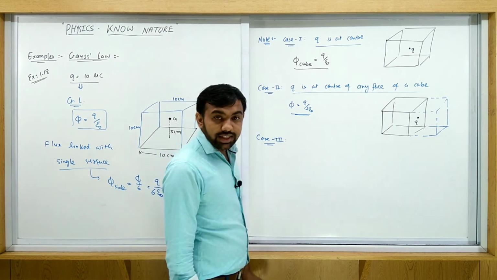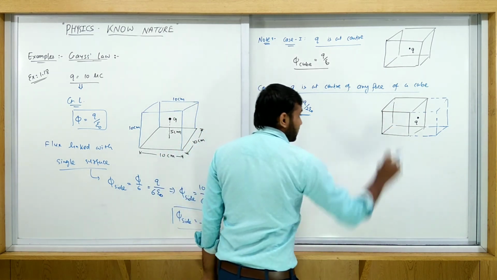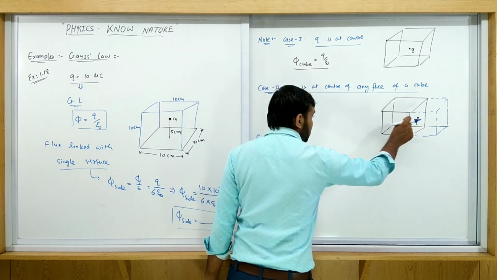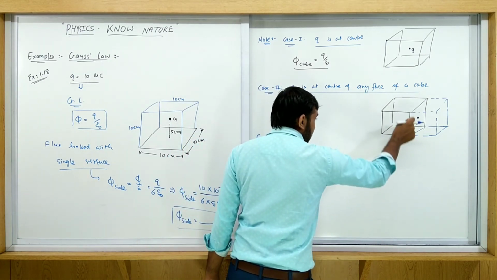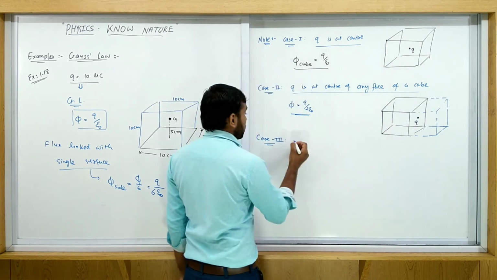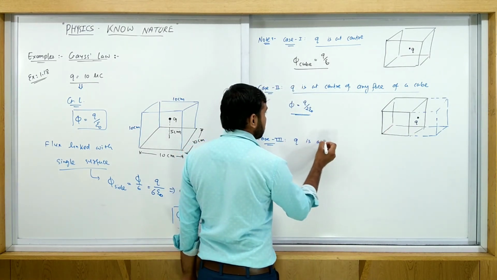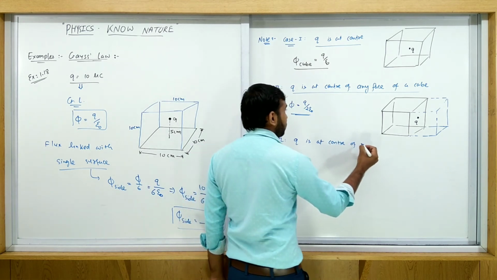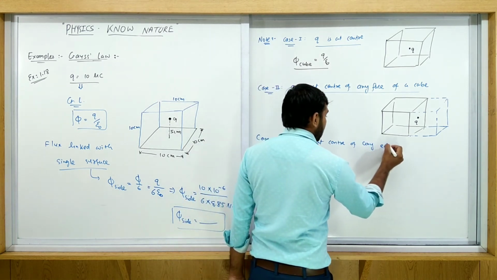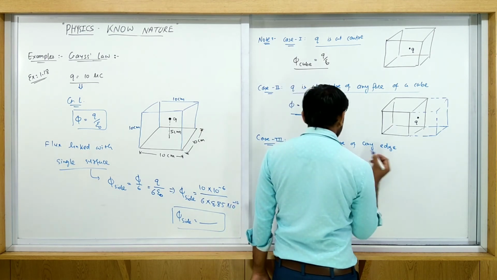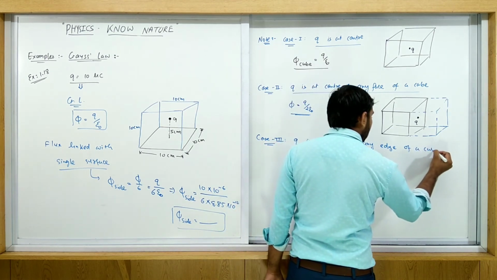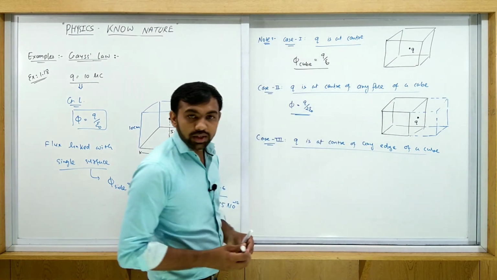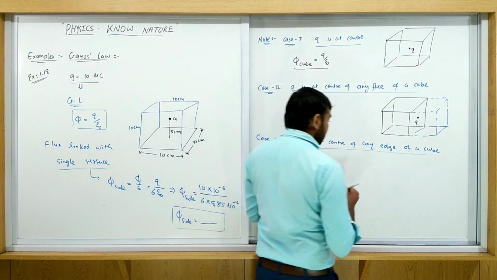Okay, similar way, case 3. If you put a charge q at any vertex, otherwise at the center of this side. So q is at the center of any edge of a cube, मतलब कि अभी क्यूब को हमने किसी एज पे रख दिया. ओके, तो फिर से फिगर ड्रॉ करते हैं.